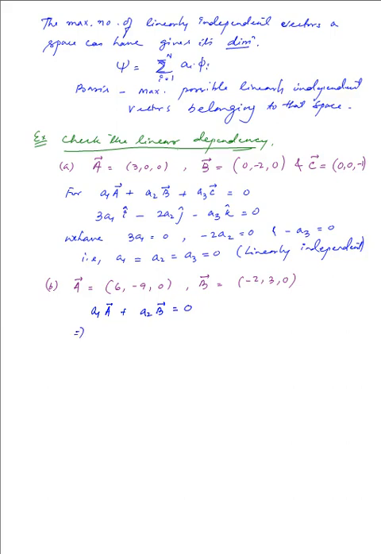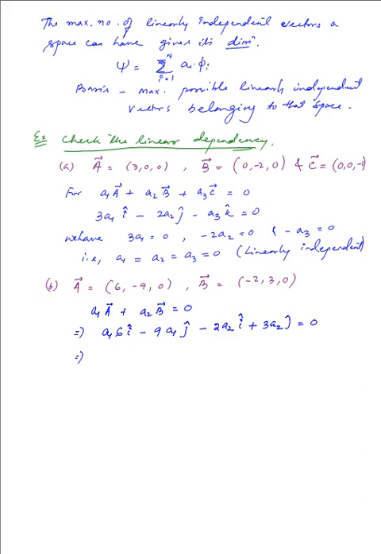Then we get 6a1 i cap, the first term, minus 9a1 j cap, the second term, and for B, minus 2a2 times i cap plus 3a2 times j cap, equal to 0.